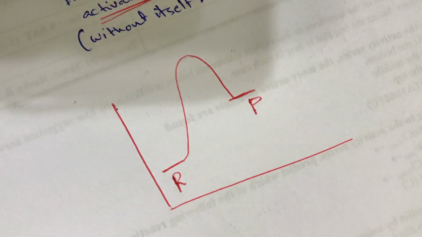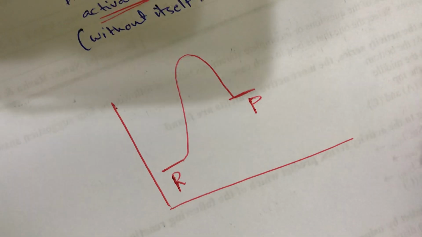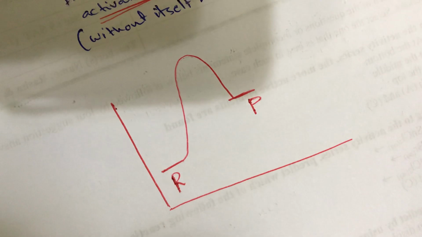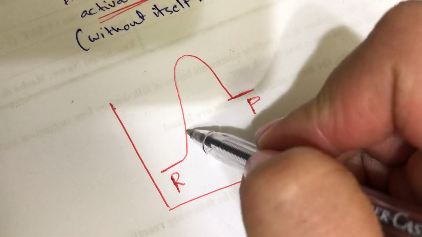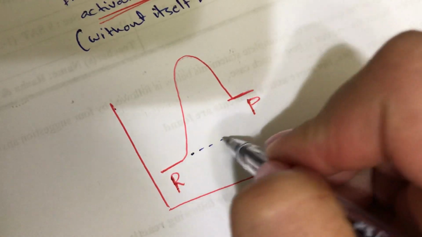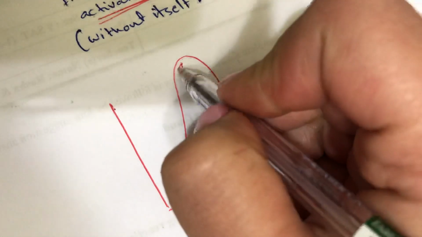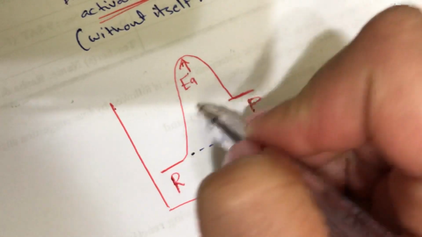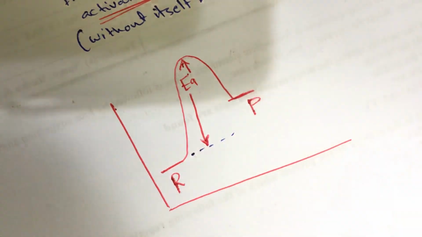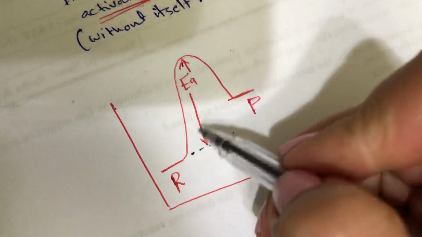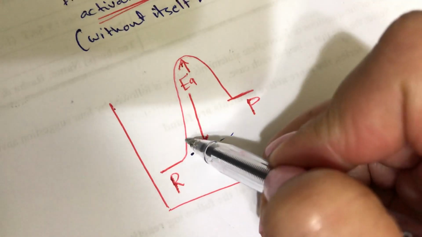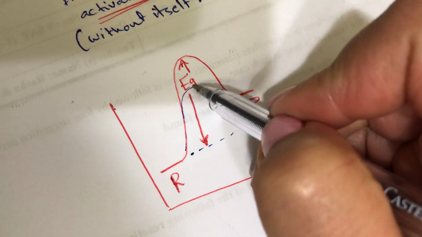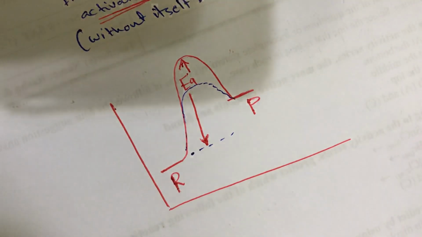So if catalyst is used in the chemical reactions, the activation energy is lower.